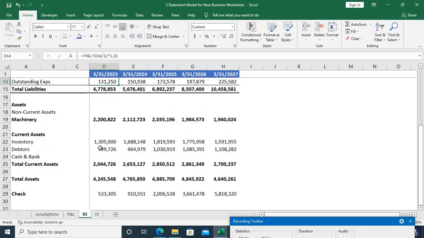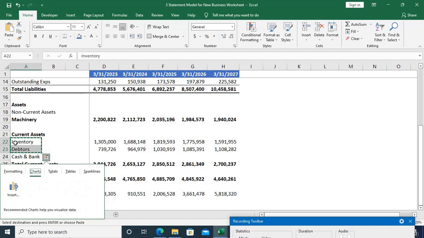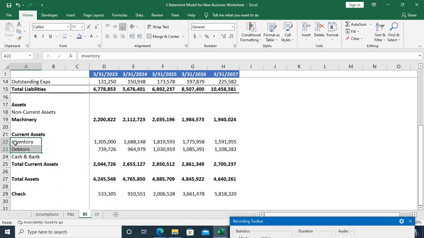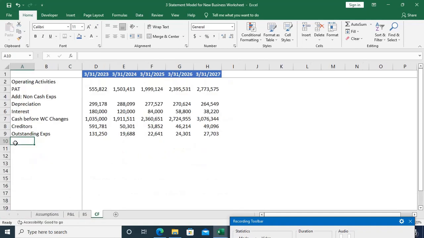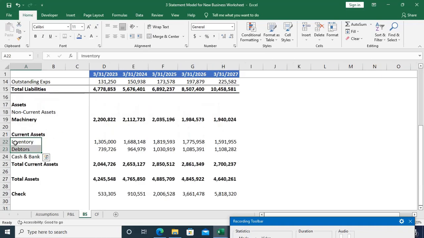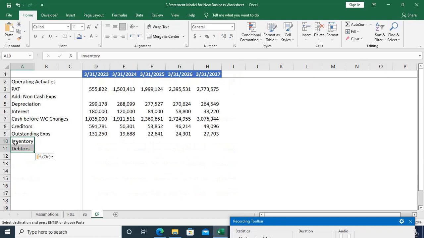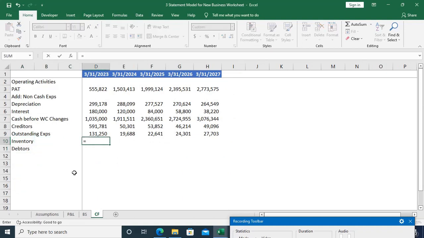These were the two current assets we had. So just take down the names.